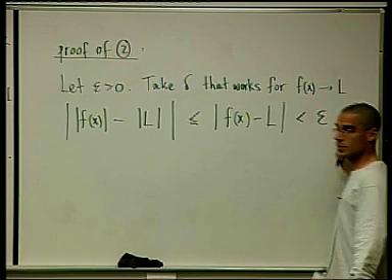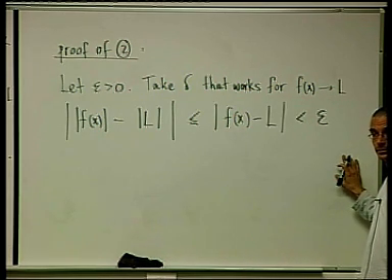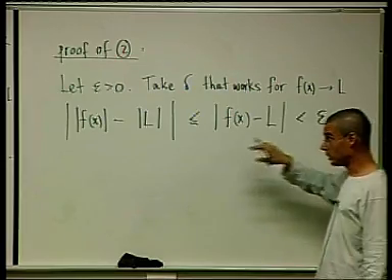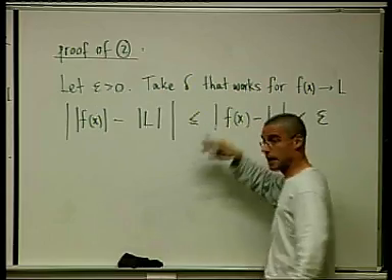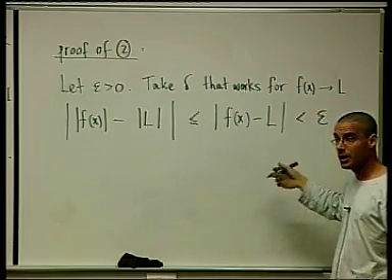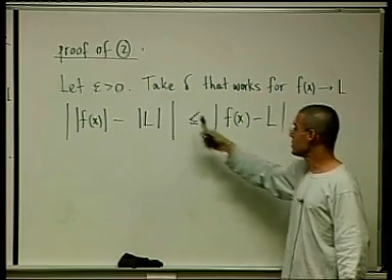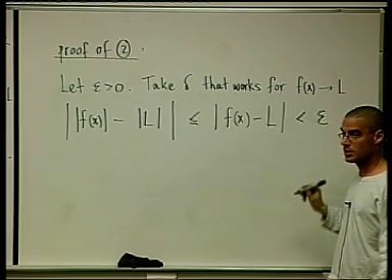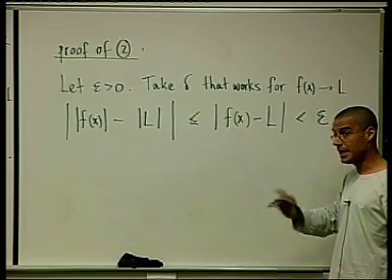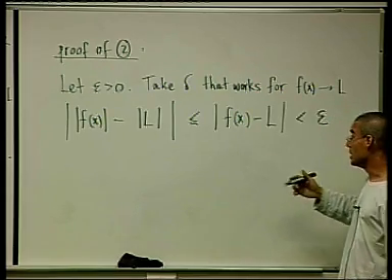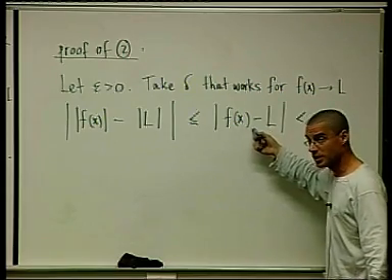But then this is less than epsilon. Do you agree? So if you want to be completely formal, you can add a line here and say, then if x minus a is less than delta, then this is less than this, and we know that this is less than epsilon. Good?